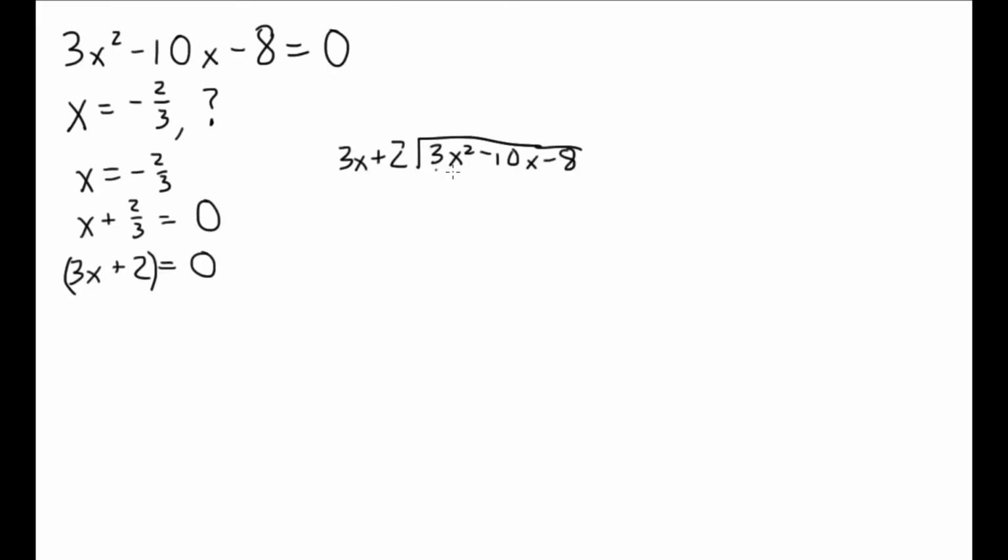So 3x goes into 3x squared, x times. x times 3x plus 2 is 3x squared plus 2x. We subtract, we're going to get -12x, bring down the -8. And here, let's see if we can skip a step. 3x plus 2 times what is -12x minus 8?